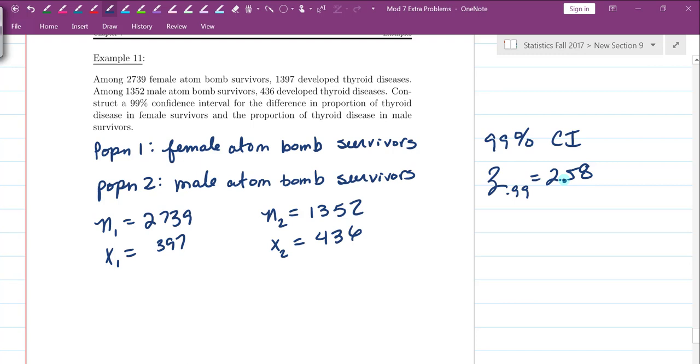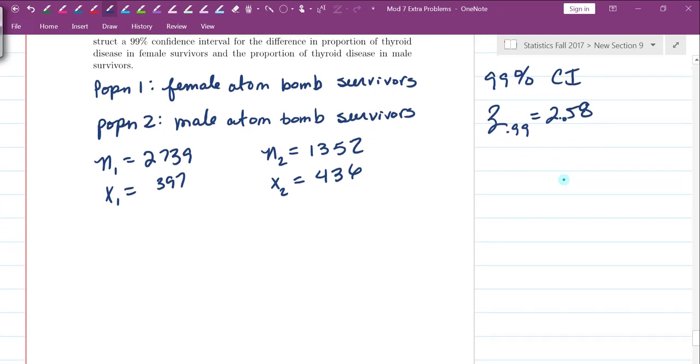Okay. Let's see here. We're looking at the difference between the survivors, or the difference between male and female. So let's get p hat 1. And p hat 1 is going to be 397 divided by 2,739. P hat 2 is going to be 436 divided by 1,352.